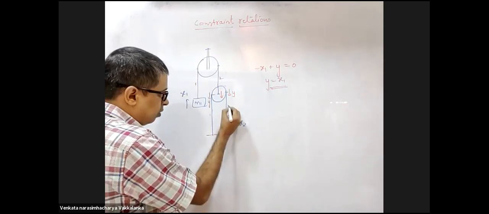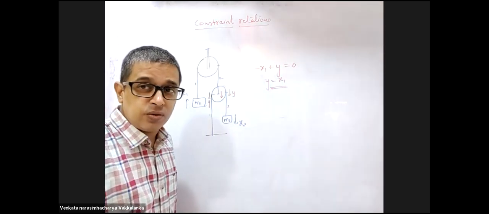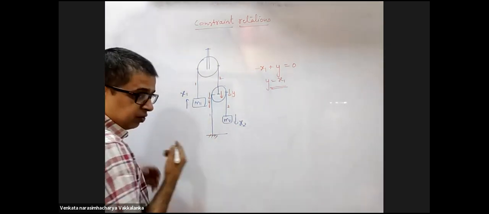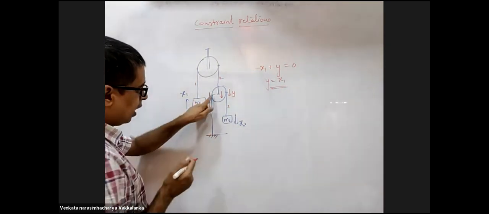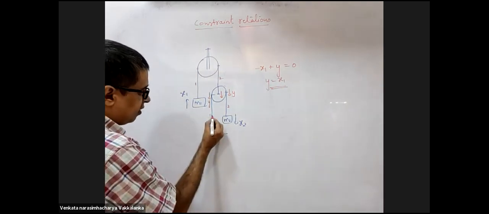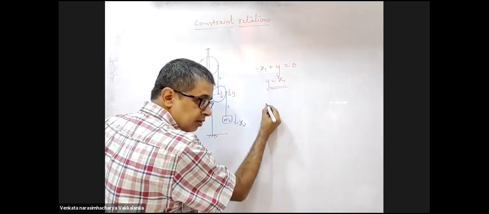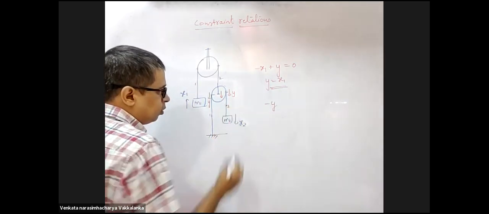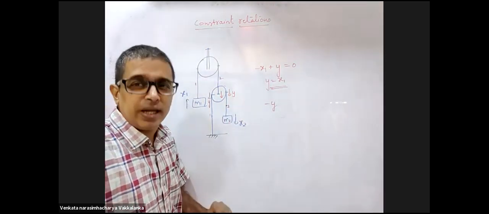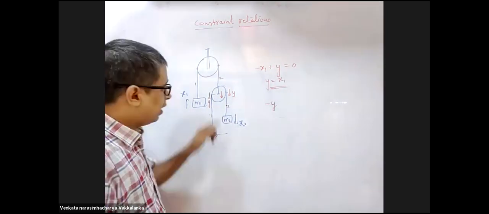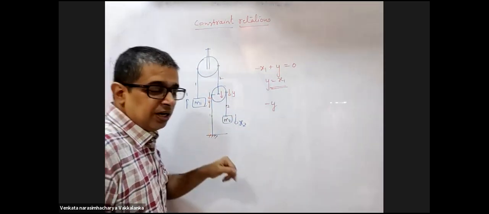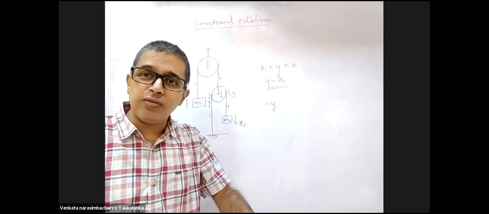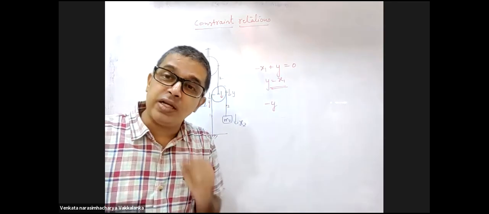Now come to segment 1 and segment 2 of the other string. Listen carefully. Segment 1: lower end is fixed, upper end is approaching the center of the segment, so minus y. In segment 2, both ends are moving. Upper end is also moving, lower end is also moving, both in the downward direction.